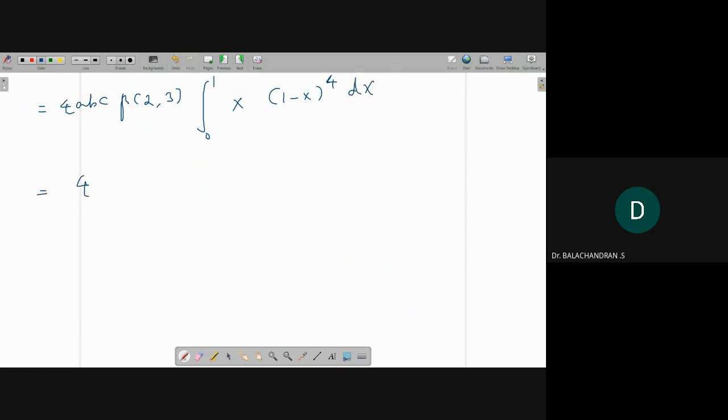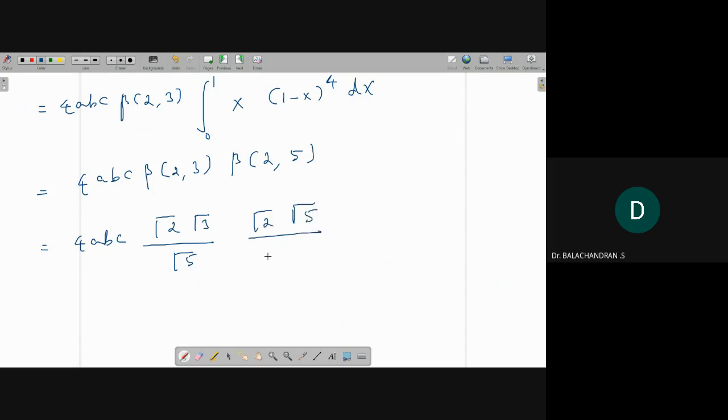So this is equal to 4ABC beta of 2 comma 3. Using the definition of beta function, this is beta of 2 comma 5. So 4ABC, this is gamma of 2, gamma of 3 by gamma of 5, gamma of 2, gamma of 5, gamma of 7.